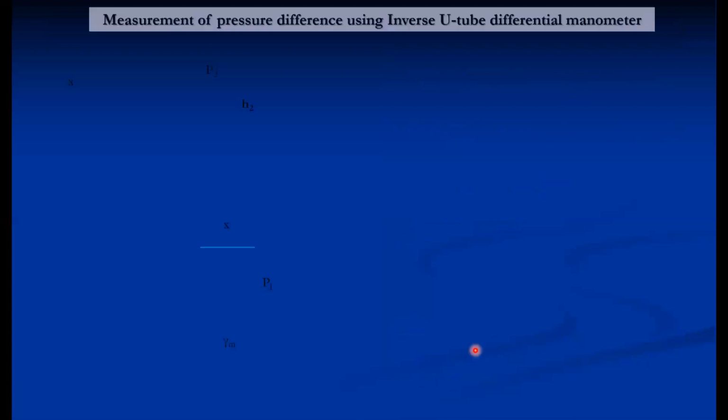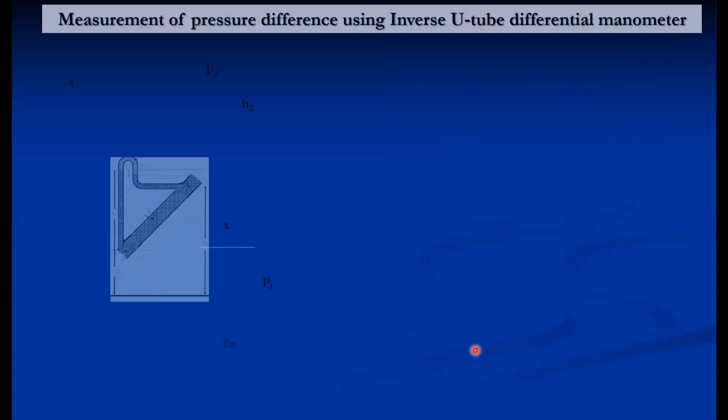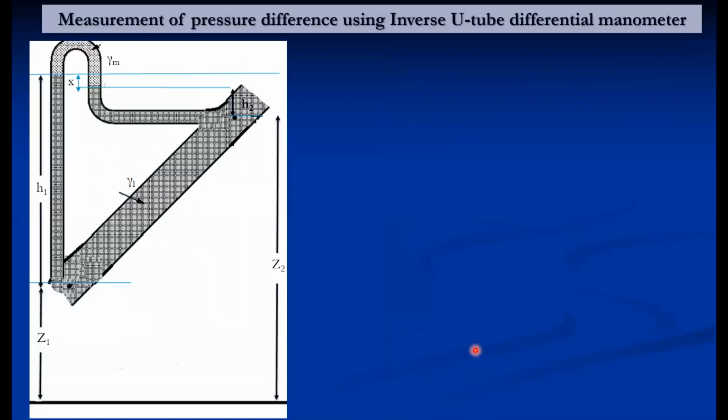Now the second type is called an inverted U-tube differential manometer. Similarly, on similar lines we can calculate this. If we take equilibrium pressures corresponding to this point, you can say the pressure is acting upward, and the liquid column is acting downward, so that is gamma L into H1.